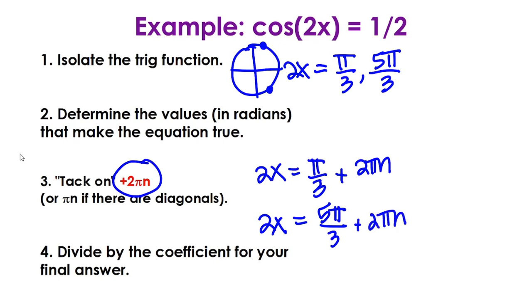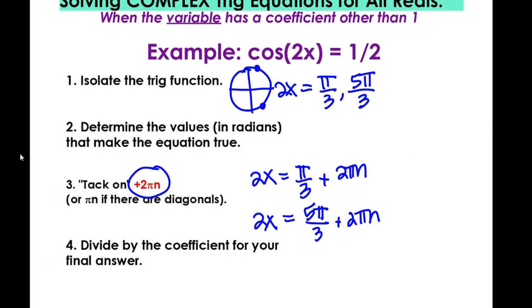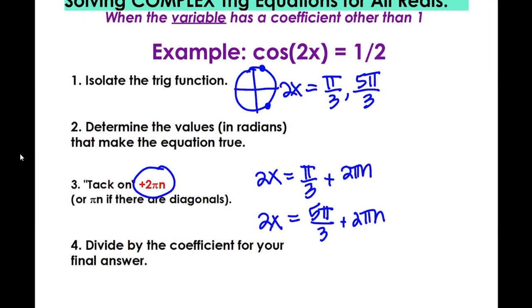And we'll use our same rules as yesterday, where if it's something that can be done in a simpler, less equations way, you need to do that. So pi n if you have diagonals or anything like that. And then divide by the coefficient. So that's going to be pi over 6 plus pi n and 5 pi over 6 plus pi n.